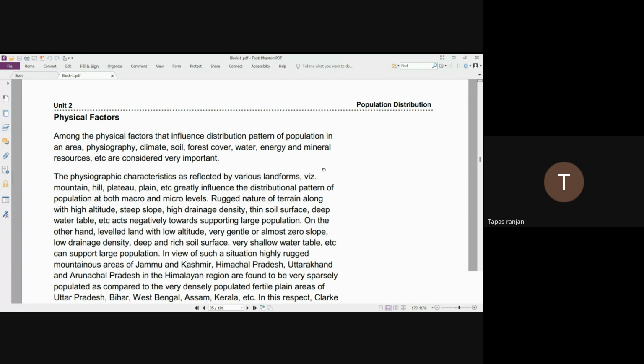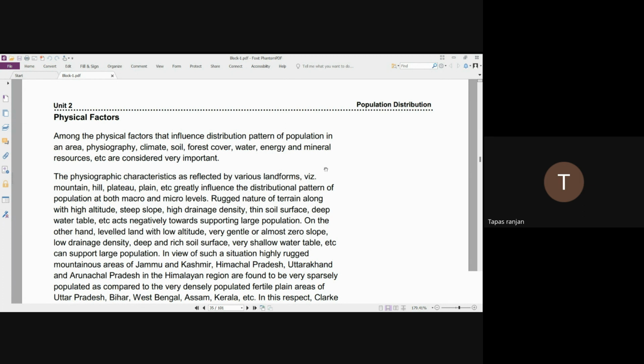Then you have energy and mineral resources. As human beings in the contemporary world, we understand how vital energy and mineral resources are. Let's suppose electricity consumption, in today's world it is very basic in nature. So if you don't have the energy and those mineral resources, your life will not be supported by those services.